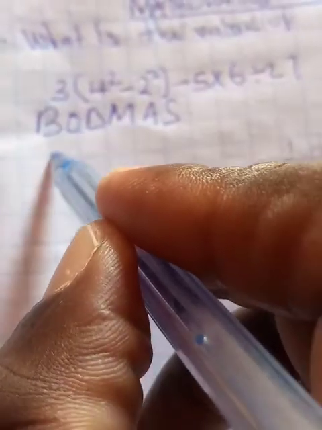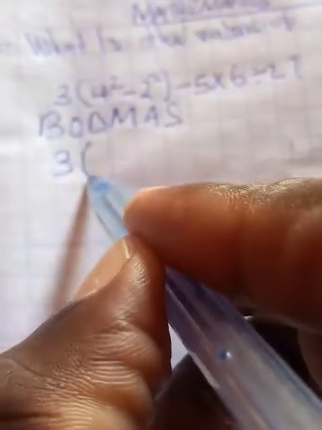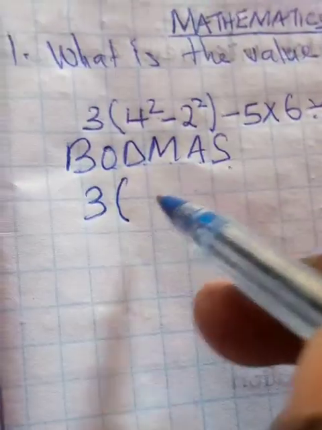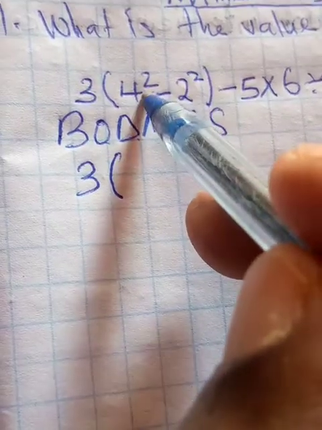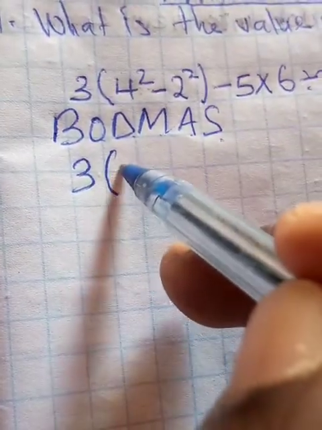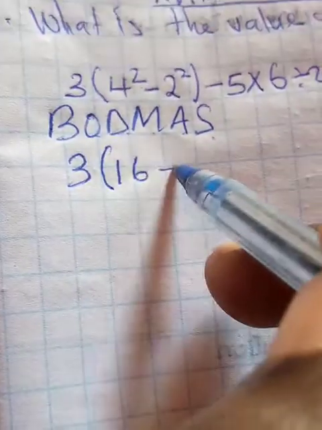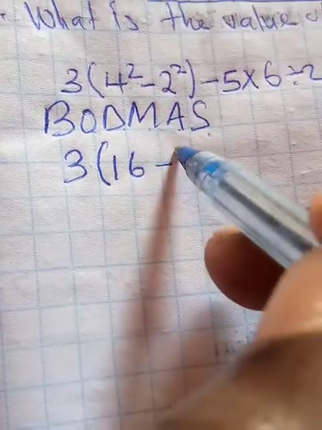So we want to have 3 bracket, 4 squared is 16, minus 2 squared is 4.